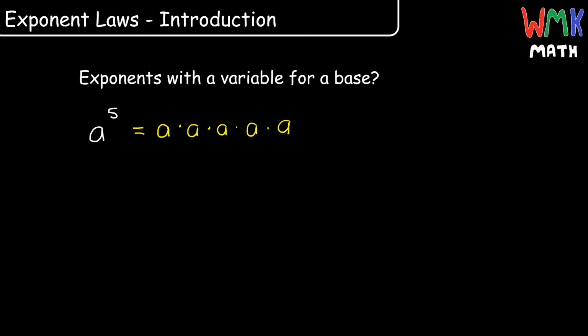Vice versa, going the opposite way, if we have x times x times x times x, we see that we have 4 x's, and that's multiplied 4 times. So we can rewrite this as x to the power of 4. Nothing wrong with that.